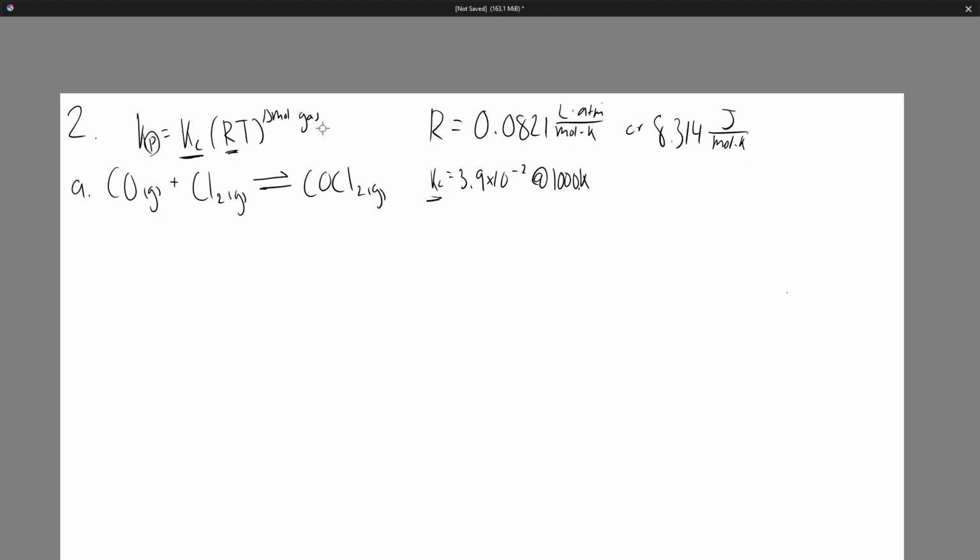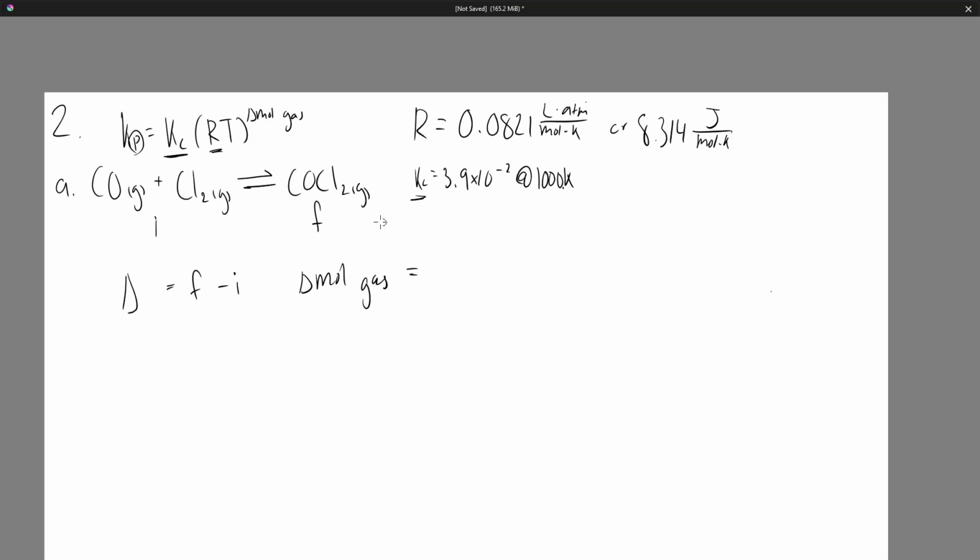Now for moles of gas, we want to think of the products as the final and the reactants as the initial. A change in anything is final minus initial. So a change in moles of gas is equal to the number of moles of products minus the number of moles of reactants.